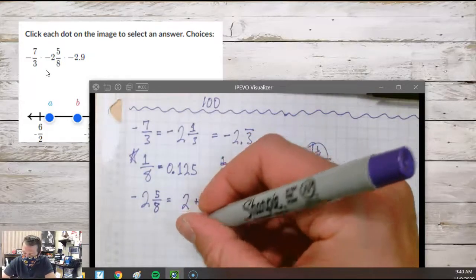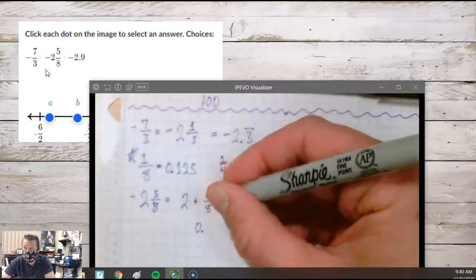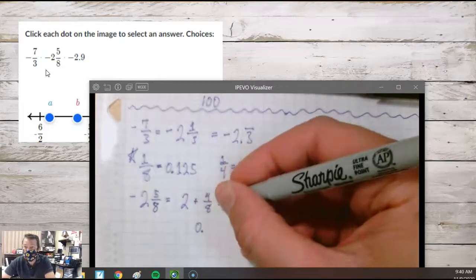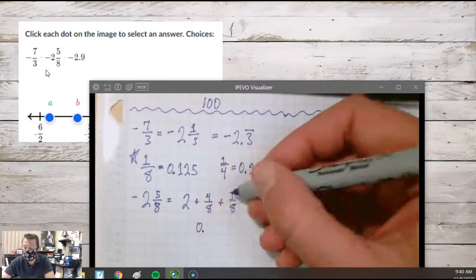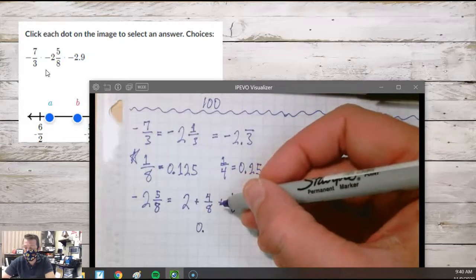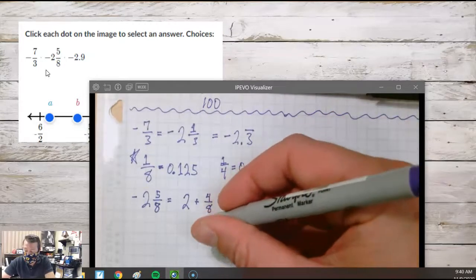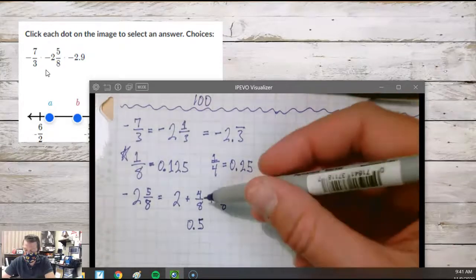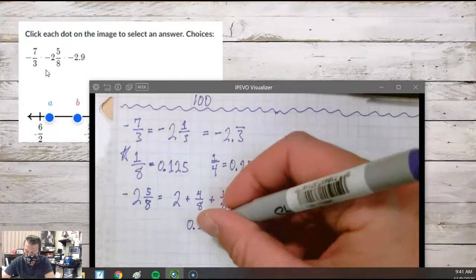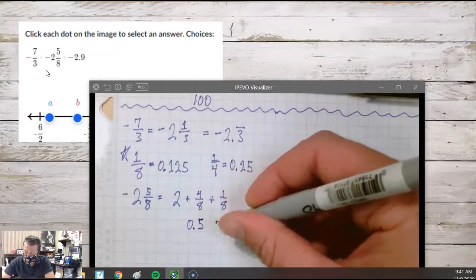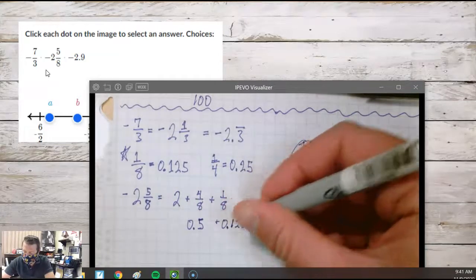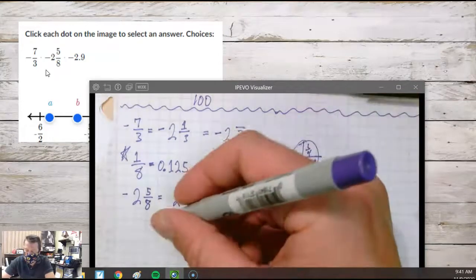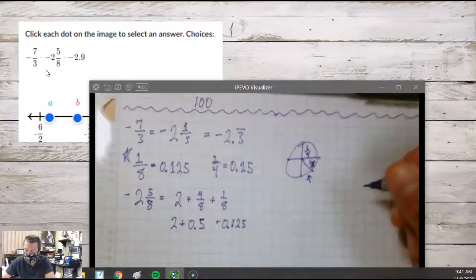4/8 is a half, right? What decimal is a half? 0.5. Right? A half is 0.5. And then we just said an eighth is 0.125. Now, of course, if you have a calculator, you can use it to help with this.